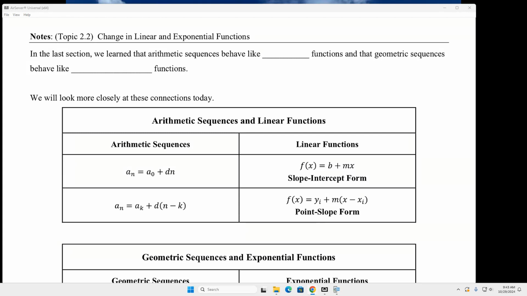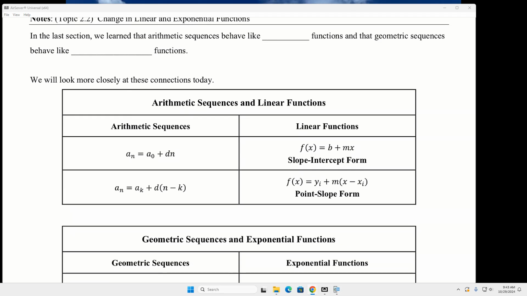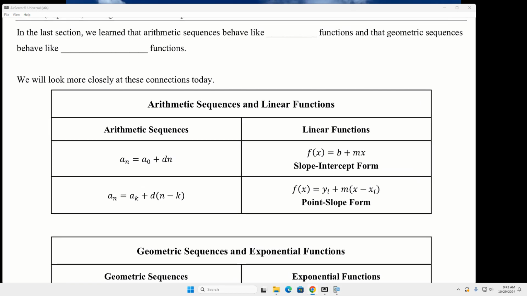Okay, and so over the last couple of days, we have talked about that arithmetic sequences behave like linear functions, and that geometric sequences behave like exponential functions.